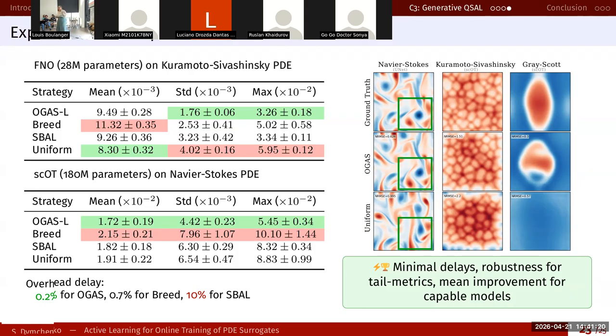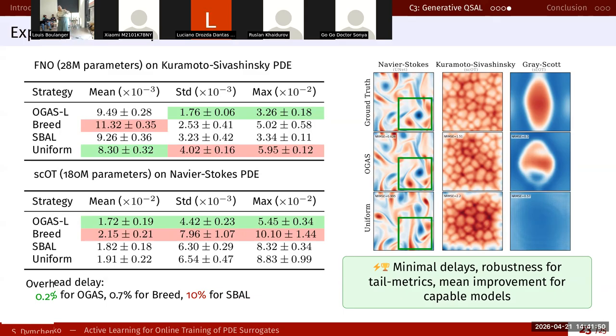So what we can see from this result is that for a relatively harder task with a small model, the improvement in the tail performance comes at the cost of average performance. And for a bigger model on a relatively simpler PDE, the model is capable to learn both the hard data and overall not lose information about everything else in the system.